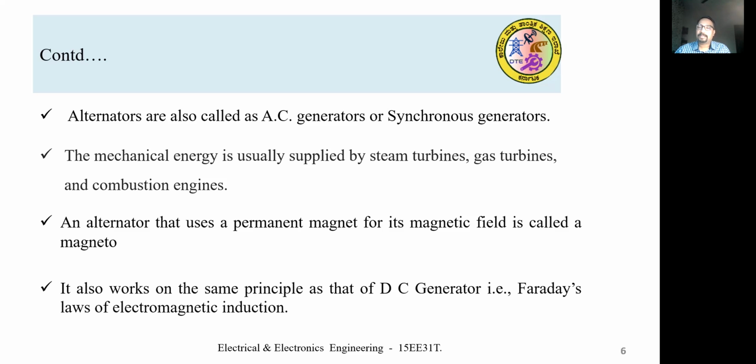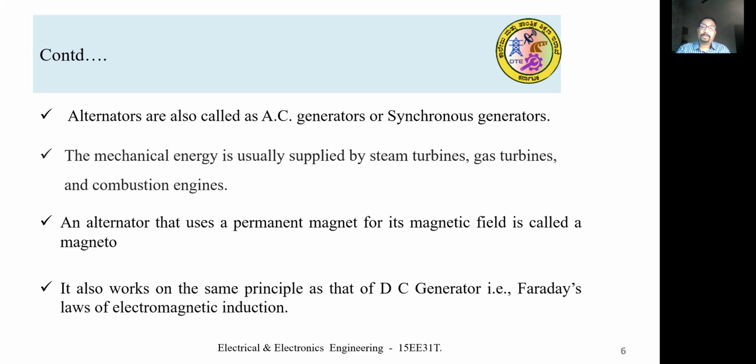Try to recall this law from units 1 and 2, the principle of operation of a DC generator: whenever the flux linking with a conductor changes, an EMF will be induced in the conductor. This is the basic principle on which both the DC generator and the alternator work.